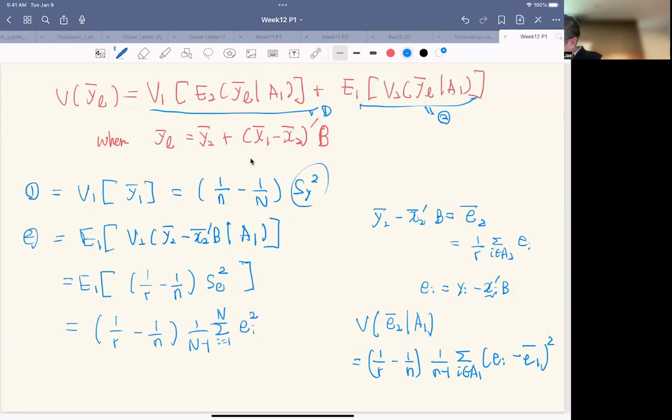So that means this is a population quantity. To be more rigorous, we can also write it.